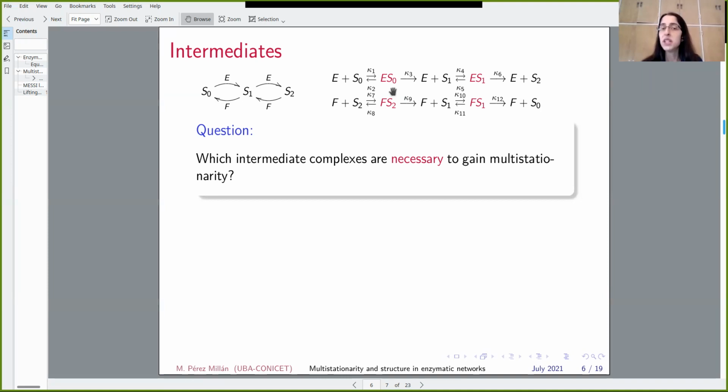Then the intermediate species or complexes are these species where both the enzyme and the substrate are bound. So ES0, ES1, FS2, and FS1. And the question is, which intermediate complexes are necessary to gain multistationarity? Why gain?